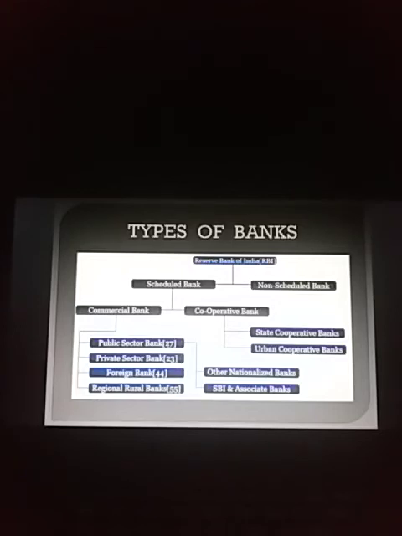Actually, 14 banks were nationalized in 1969 and 6 banks were nationalized in 1980. 20 totally, but later on IDBI, that is Industrial Development Bank of India, was nationalized, making 21, plus SBI, that is State Bank of India, and its subsidiaries also come under the public sector, which have been listed in the secondary part of it.